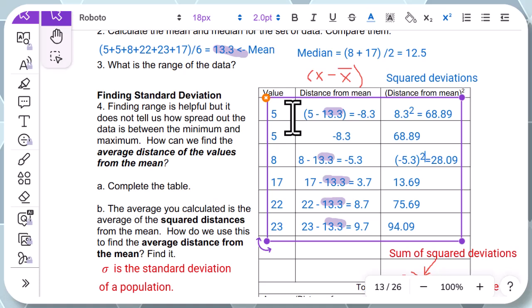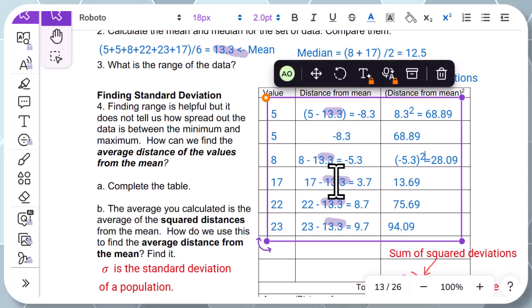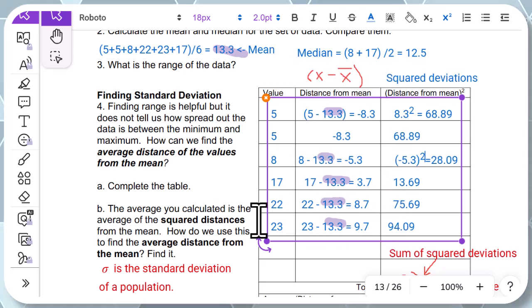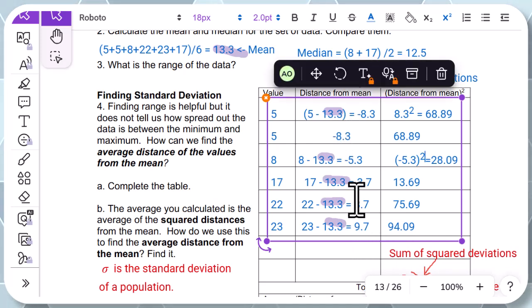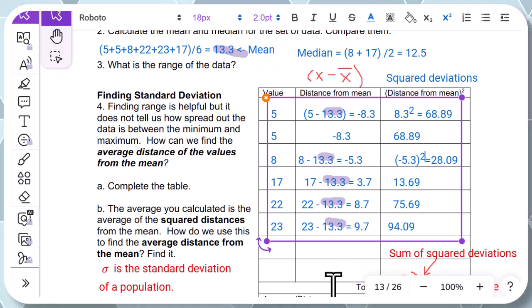So we take every single data point. You don't have to list them in order. It doesn't matter. And then we subtract to find the distance between that data point and the mean, and then we square it. So why do we do that? Well, if you actually added all these values, negative 8.3, negative 8.3, negative 5.3, you'll actually get 0.